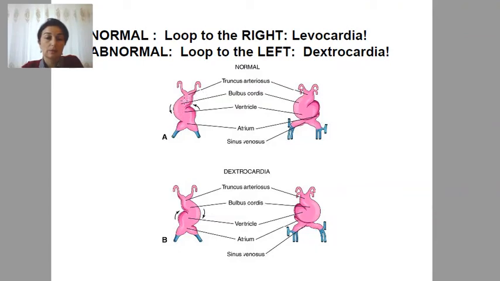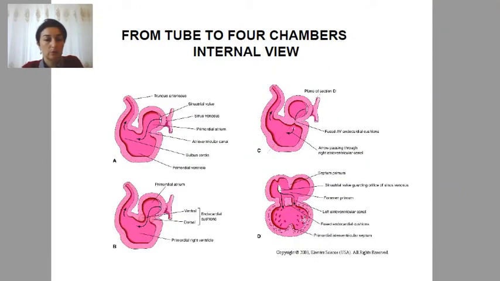The outflow tract moves downward to the right side, and the atrium moves in a cranial direction and to the left side. Finally, we will have this, the normal position of the heart. But in dextrocardia, the bending of the heart tube will be in the opposite direction. That is a problem, of course.